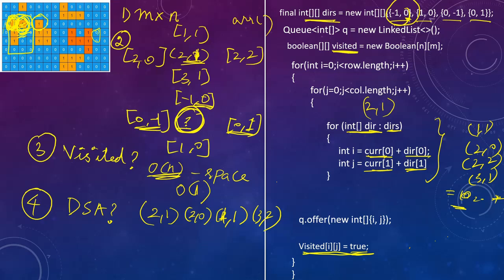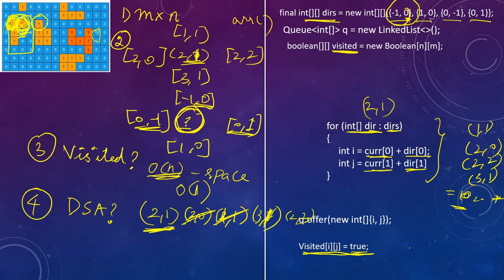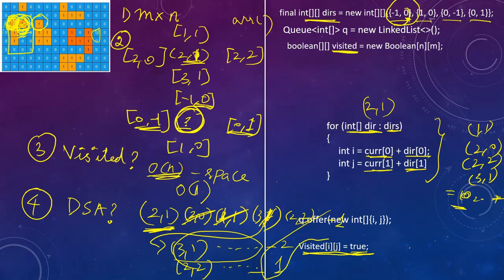Here, if you see, 2 comma 0 and 1 comma 1 are having zeros, so we will skip them. 2 comma 2 and 3 comma 1 are having ones. So in that case, we will take 3 comma 1 and 2 comma 2 and explore their four directional coordinates, and whatever area it covers, we will add them, for example 2 and 1, and then the total will be the area of the array.